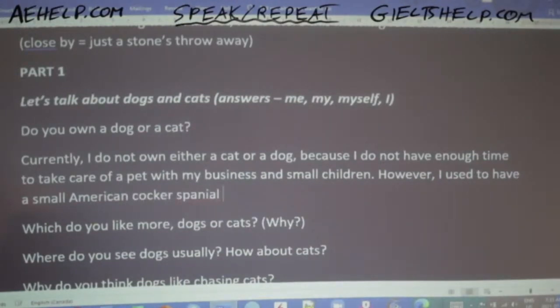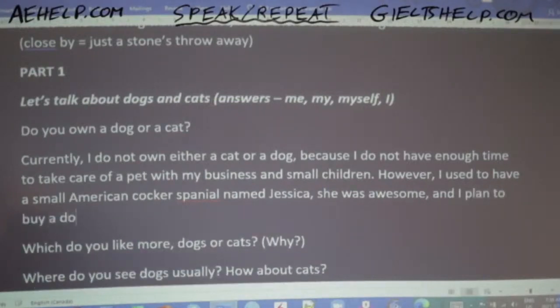I don't know the spelling of that dog's breed, but anyway, American Cocker Spaniel named Jessica. She was awesome. And I plan to buy a dog in the coming years. Okay.